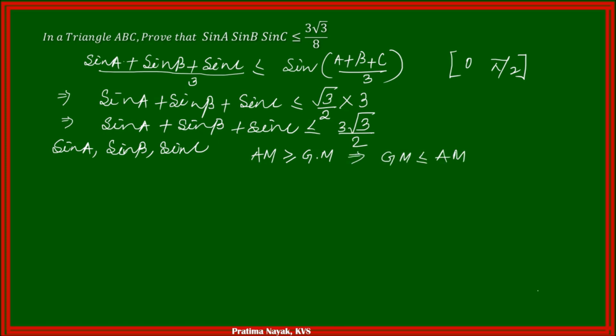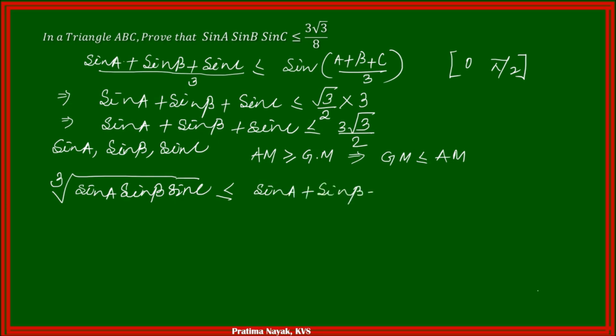So if we take the geometric mean of sine A, sine B, sine C, it will be the cube root of sine A sine B sine C. That will be less than or equal to their arithmetic mean, which is sine A plus sine B plus sine C over 3.